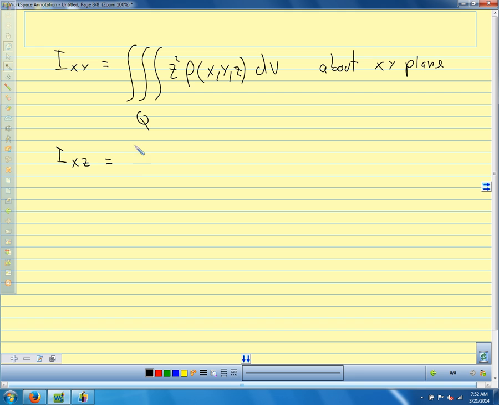I sub xz is the distance. The distance from the xz plane is y. So that would be y squared rho of xyz dv.